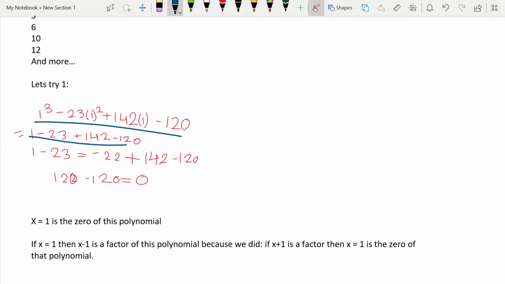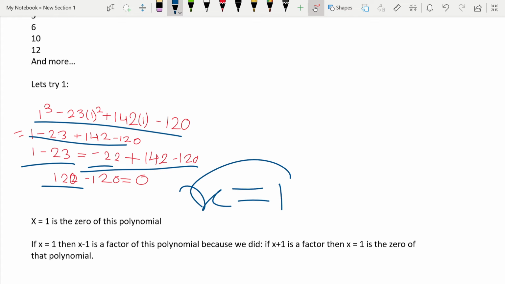Then we've got 1 minus 23, which is minus 22, plus 142 is 120, and 120 minus 120 is equal to 0. Let's slow it down. So meaning x equal to 1 is the 0 of our polynomial.